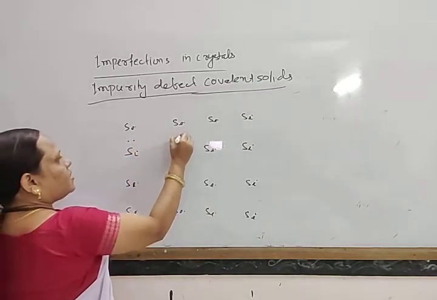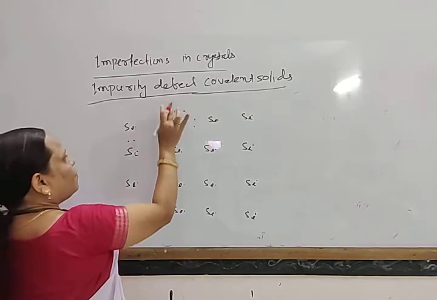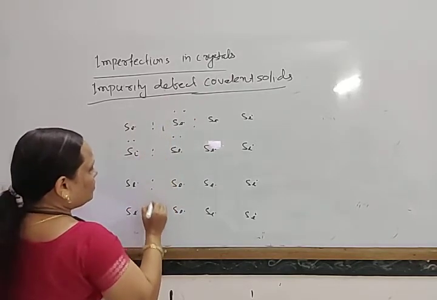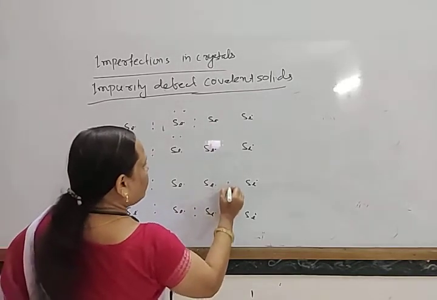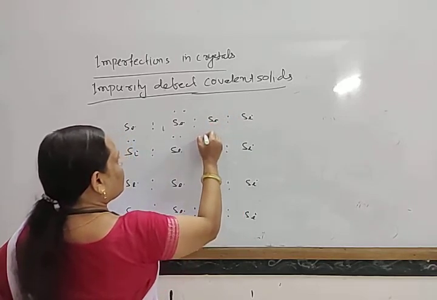Suppose it has 4 electrons. Every silicon has 4 valence electrons. As they have 4 valence electrons, they form 4 covalent bonds with another 4 silicon atoms.